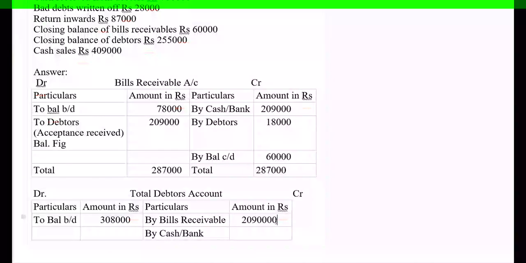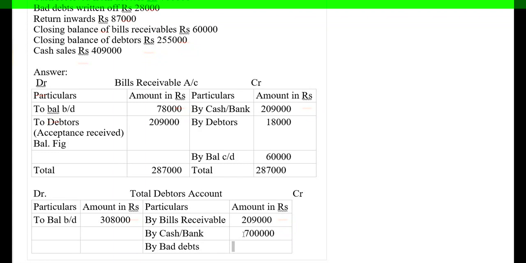Sorry, there is a mistake here, it is not 2 lakh 9,000, here it is 7 lakh. Then when there are bad debts, the entry will be bad debts account debit to total debtors. So total debtors are credited by bad debts, which amounts to rupees 28,000.